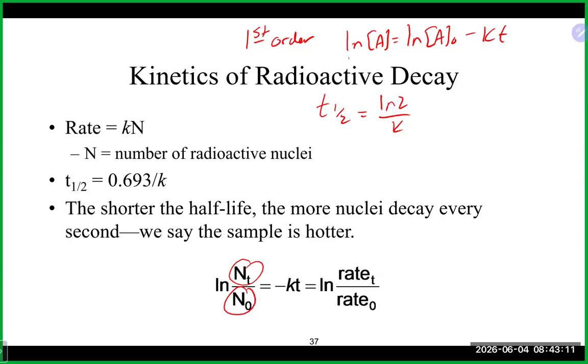So sometimes you'll see it like natural log of N is equal to the natural log of N naught minus kt, and sometimes for the k, you may also see lambda used for the constant rather than k. Although I think our book uses the regular formula, but sometimes you may see it a little bit different as well.